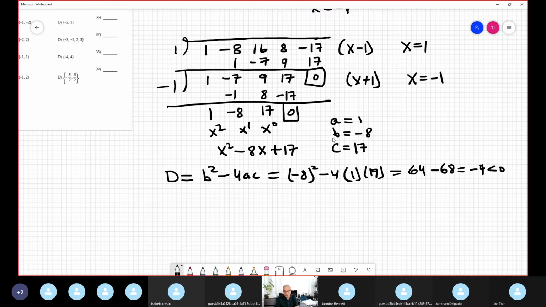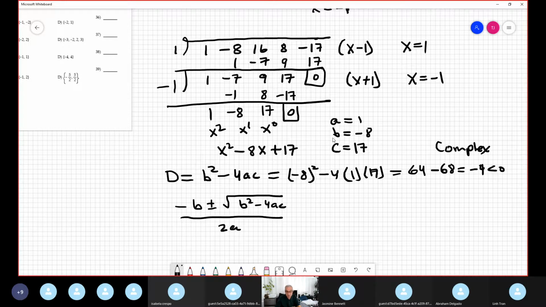When it's negative, I suppose it's complex. Super. By the way, why not out of curiosity? This is outside the question, but you apply the quadratic formula: minus b plus or minus the square root of b squared minus 4ac, divided by 2a.